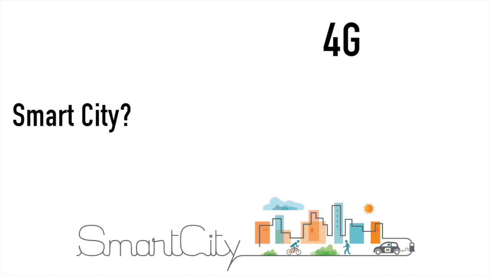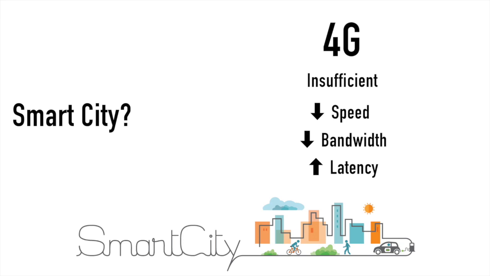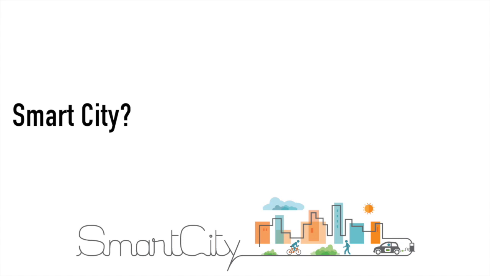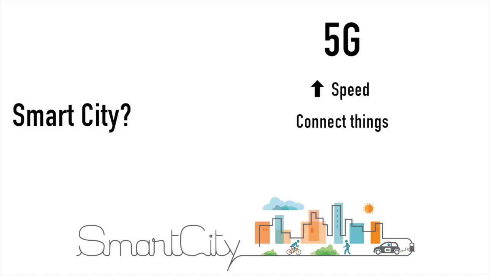The current 4G network is insufficient for a fully integrated smart city, as it cannot provide the same speed, bandwidth, and low latencies as a 5G network. The capabilities of 5G are expected to drastically increase the speed of connectivity, seamlessly connecting things in the sensor layer and the application layer, while incredible amounts of data will be collected and managed in the platform layer.